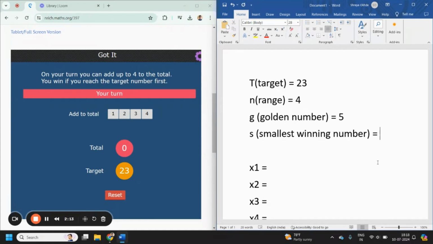Let us find S. 23 minus 5 is 18, minus 5 is 13, minus 5 is 8, minus 5 is 3. So 3 is accessible at the very start of the game. There could be other numbers like this, but the smallest value that is accessible at the start of the game is 3.